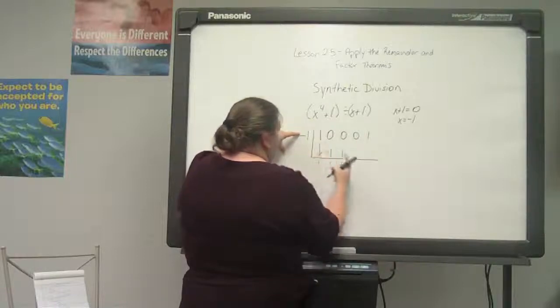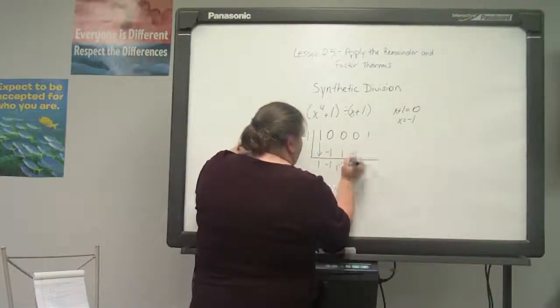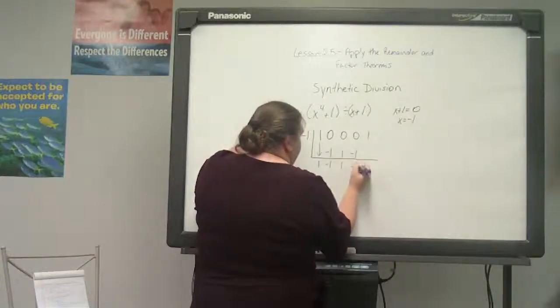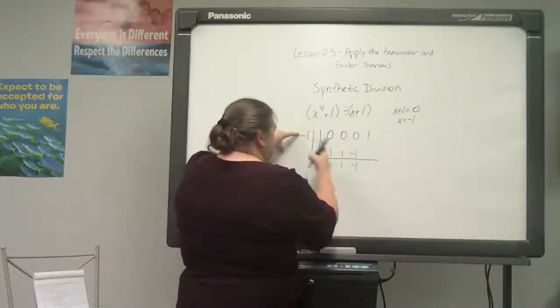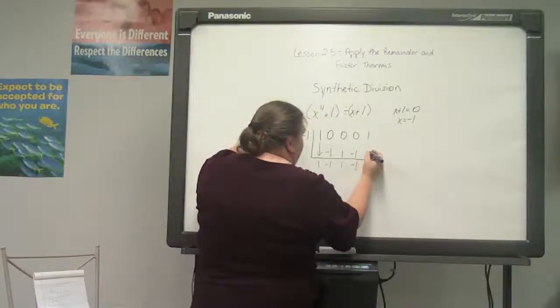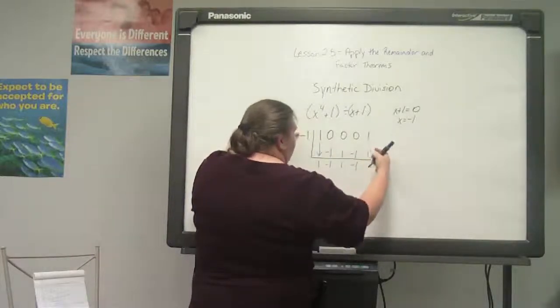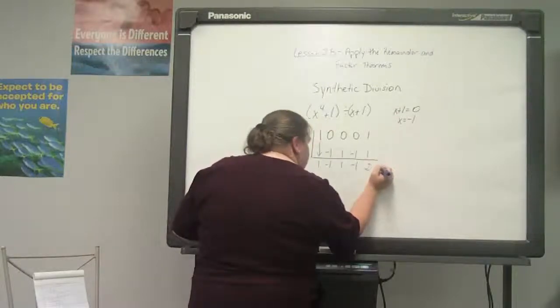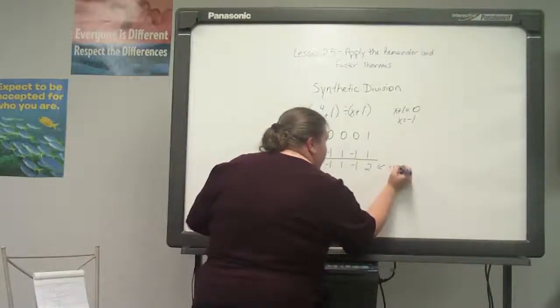A negative 1 times 1 is a negative 1. And then 0 minus 1 is a negative 1. And a negative 1 times a negative 1 is a positive 1. And 1 plus 1 is 2. Now, 2 is your remainder.